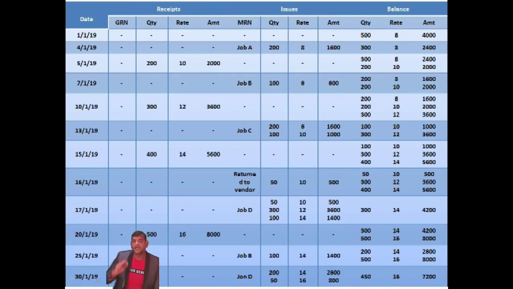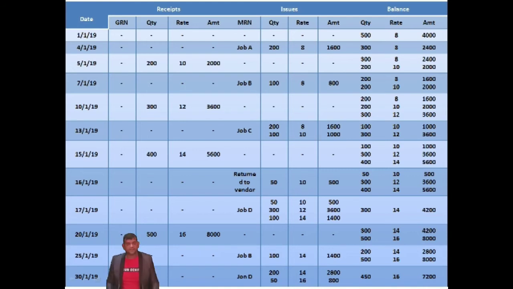So that means out of 100 units on 15th January, I have issued 50 units. That is why I have a balance of 50 units, 200 units and 400 units. So why is this happening? Because that has been returned to the vendor, so from the existing stock I am supposed to issue.